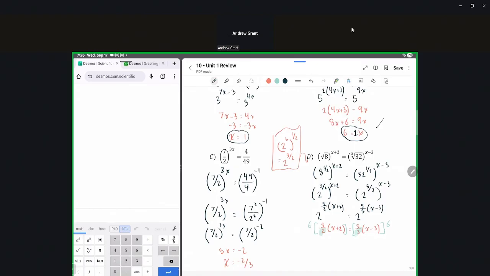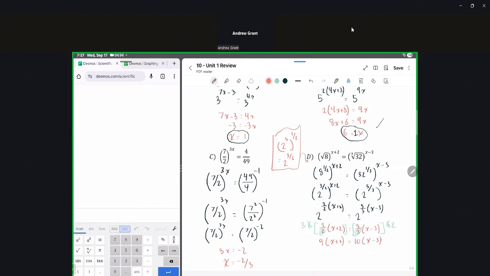So 2 goes into 6 3 times. 3 goes into 6 twice. And so we end up with 9 times x plus 2 will be equal to 5 times 2, 10, multiplied by x minus 3.